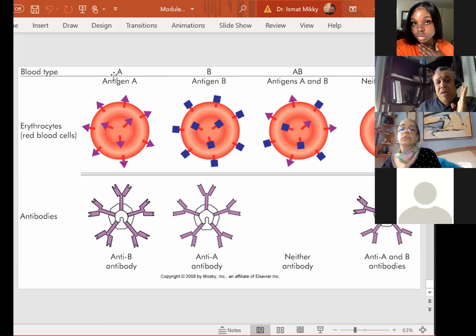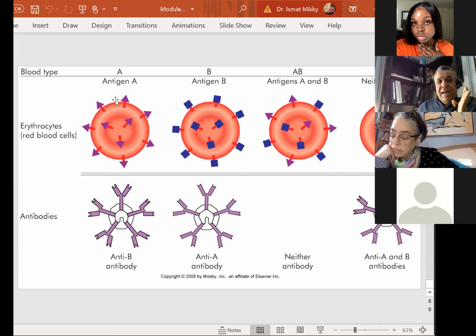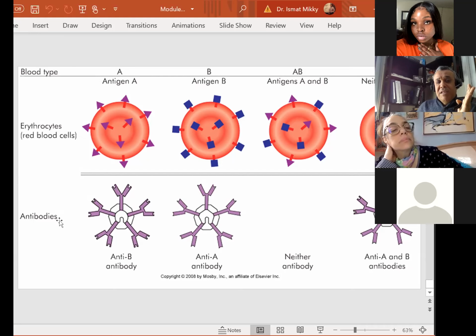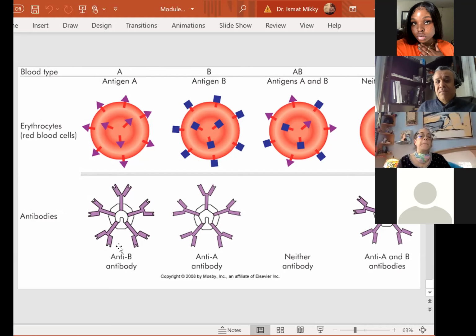First of all, let's focus just on blood type A, and you can apply it to B, AB, and O. The patient with blood type A has RBCs with antigen type A on the top of the cells, and in the blood plasma we have immunoglobulins, anti-B antibodies. So these anti-B antibodies definitely are going to attack B. If your patient receives B or AB, because it has that antigen, it's going to attack them.